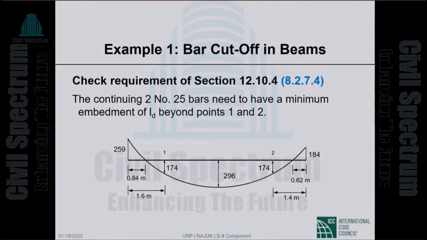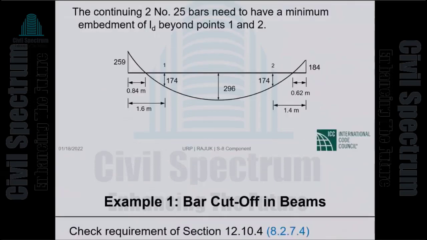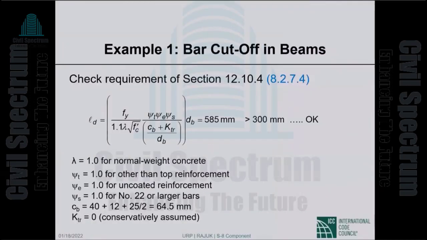Now to continue, the continuing two number 25 bars need to have a minimum embedment L sub D beyond points 1 and 2. Remember, at points 1 and 2, the continuing bars have to be fully developed. Now, what is the development length of these bars?